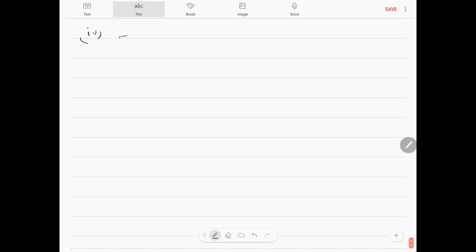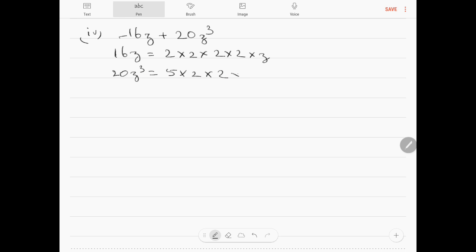Problem 4, minus 16z plus 20z cube. 16z is 2 into 2 into 2 into 2 into z. 20z cube is 5 into 2 into 2 into z into z into z.